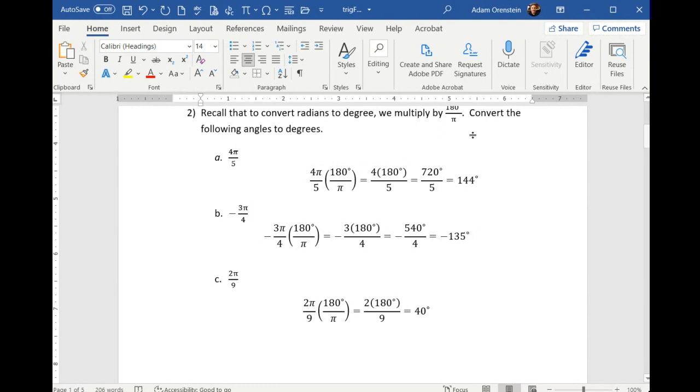All right. For the second one, minus 3 pi over 4, it's essentially the same process. You multiply by 180 degrees over pi. The pi's cancel as before.